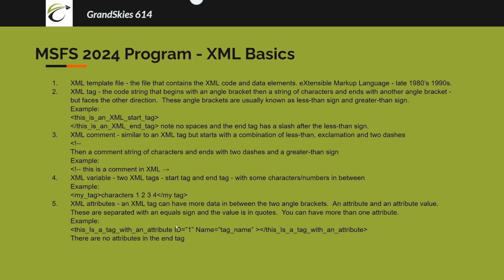Then I have the attribute ID equals 1, and I can have a second attribute called name equals tag name, and then the end angle bracket. And then the end tag is the same name here. This is a tag with an attribute, but it has a slash, and there are no attributes in the end tag.